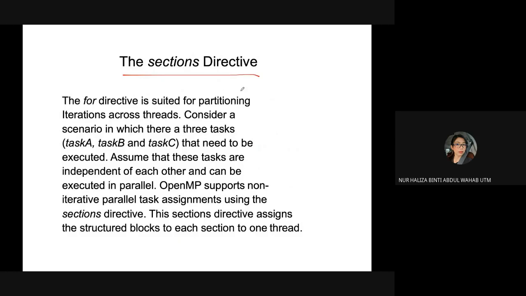So let's say you have a scenario. You were given three tasks, which is A, B, and also another one, C. So all of these tasks need to be executed. You need to have an assumption over here, which is that all of these tasks are independent of each other.